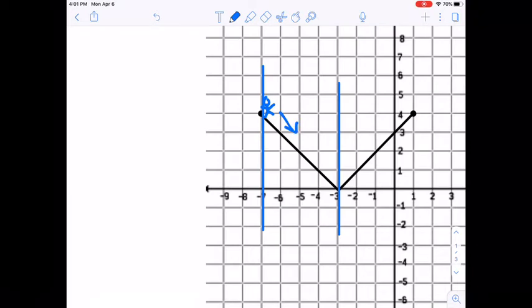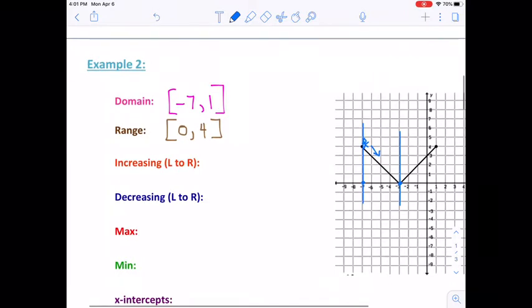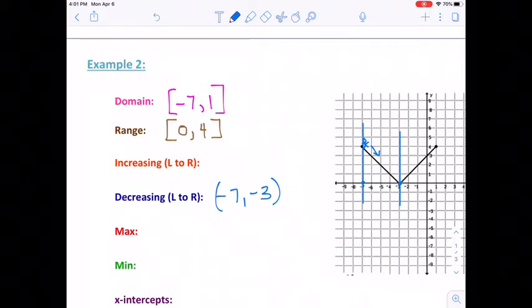So it starts at -7 on the x-axis, and it stops decreasing at -3. Decreasing from -7 to -3, using the interval notation again. I'm going to use the parentheses to show that those endpoints are not really increasing or decreasing.